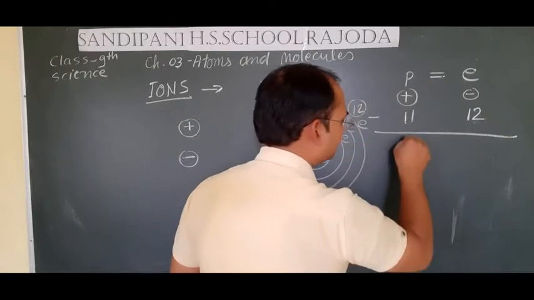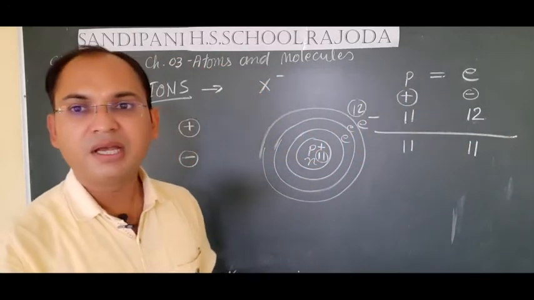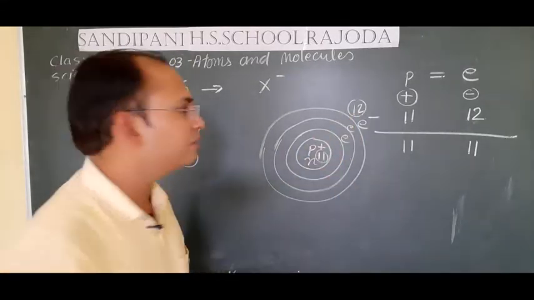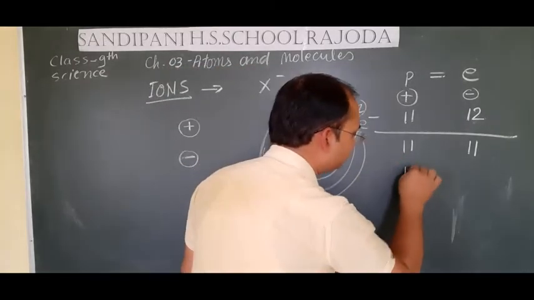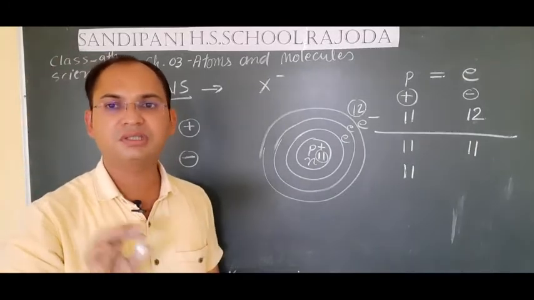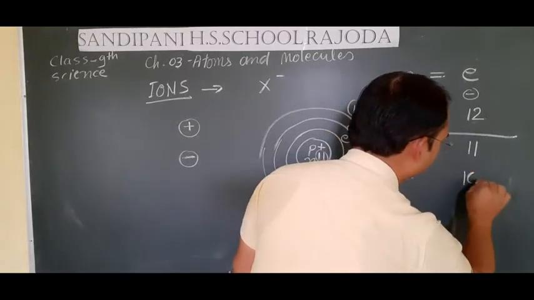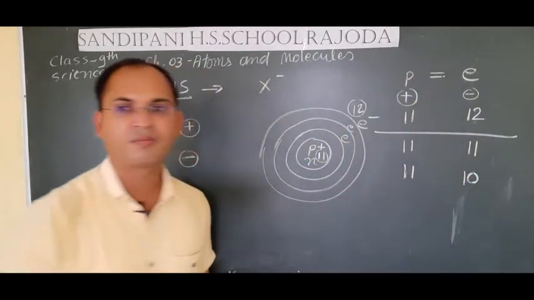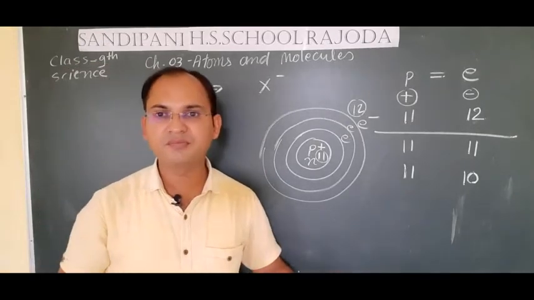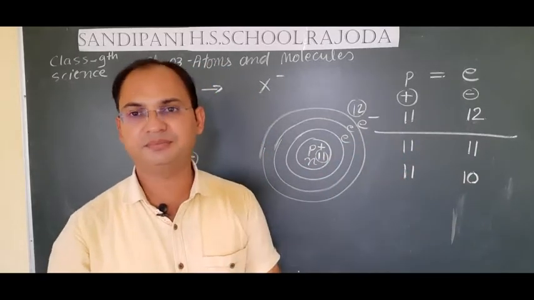In the second case, if 11 protons are there and 11 electrons are there, and we remove one electron from this atom. Now if we remove the electron, then the number of protons will remain the same, 11, because we cannot change the number of protons in an atom. But we can change the number of electrons by adding or removing, and in this case by applying energy, we removed one electron from the outermost orbit of the atom.